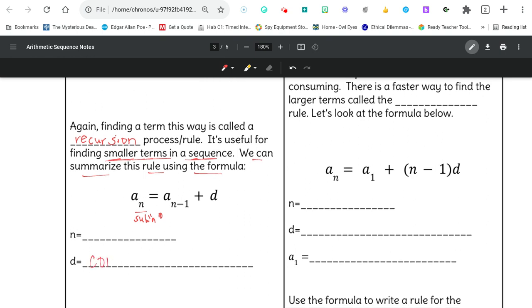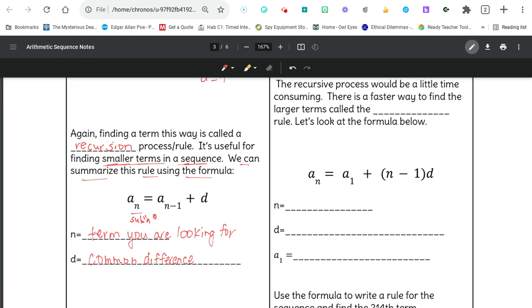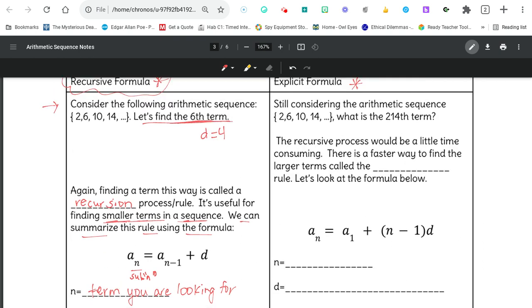So d is your common difference, and n is the term you're looking for. In this particular case, we're looking for the sixth term, so n would be 6.